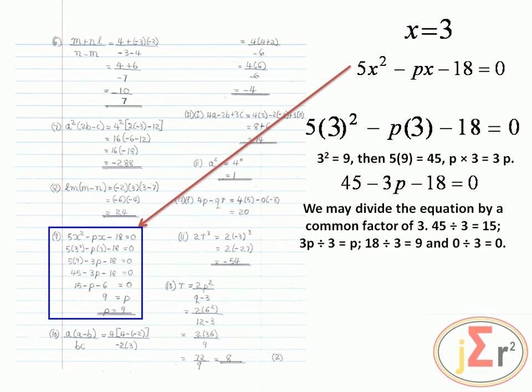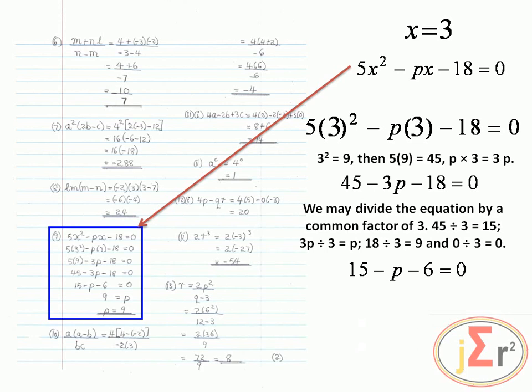So divide by a common factor of 3. So 45 divided by 3 is equal to 15. 3p divided by 3 is equal to p. 18 divided by 3 is equal to 6. And 0 divided by 3 is equal to 0.